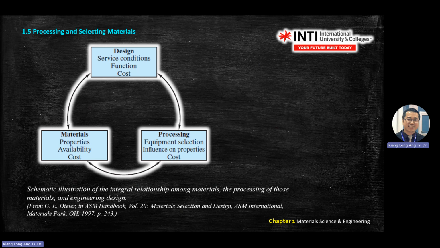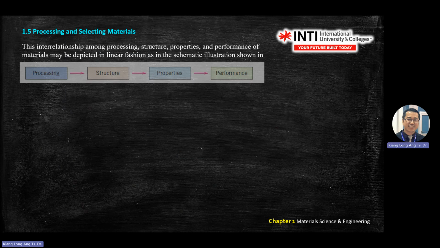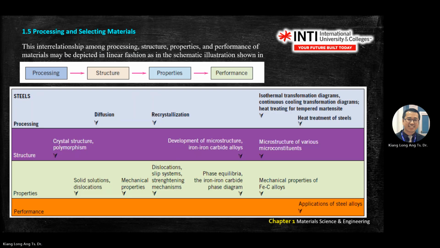Processing is also one chapter, part of the chapter when you talk about mechanical properties. This one you read. The rest is just an introduction to how we put the content according to processing, structure, properties, and performance. There are lots of chapters that we go through.